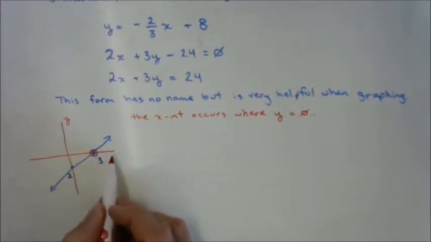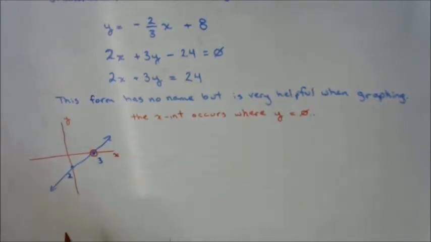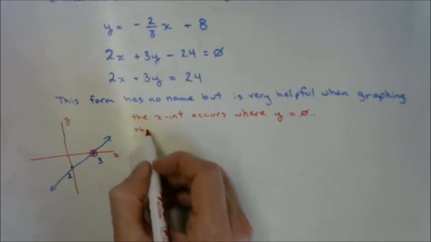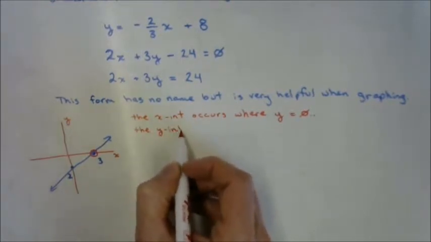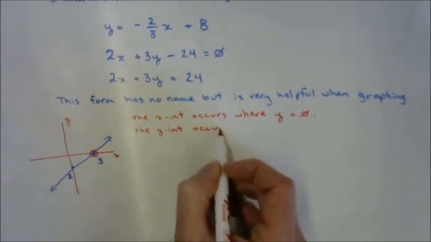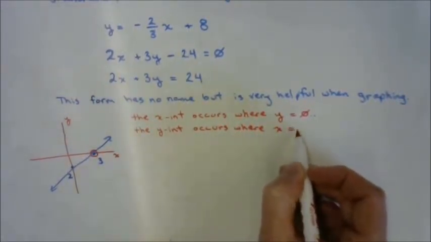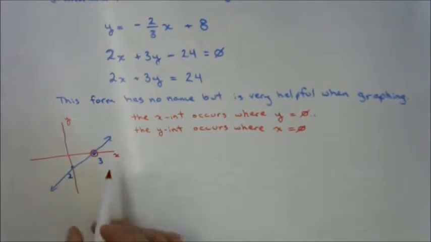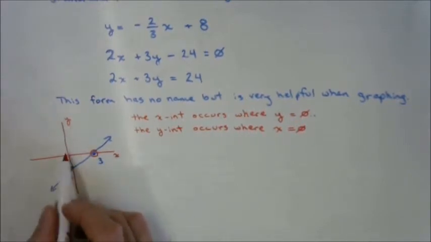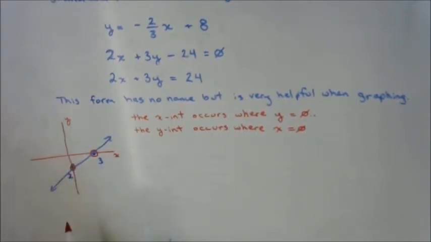That's where it's going to cross the x-axis. And the same is true for the y-intercept. The y-intercept occurs where x equals 0. So I find where x equals 0, and wherever the line crosses, that's my y-intercept.